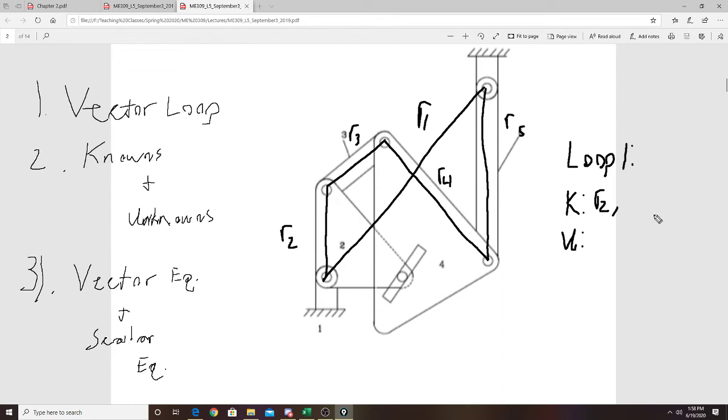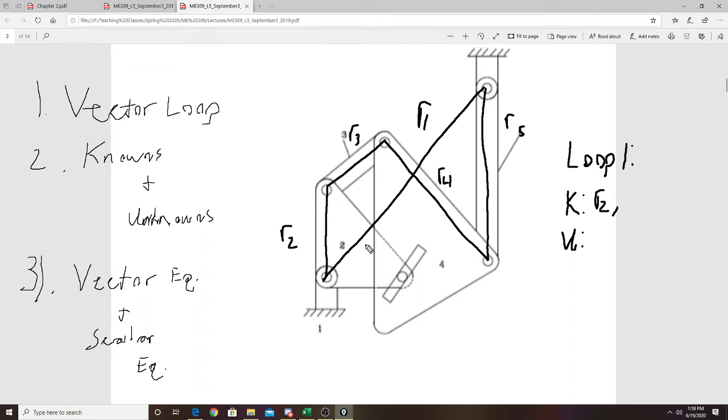Theta 2. Would you guys consider theta 2 to be known? You would say unknown. Why? Rosendo has another answer here. So remember, guys, remember what I told you theta 2 always is. Theta 2 is always the input link in this class, which means that it is unknown as a quantity, but we are the ones controlling it, right?